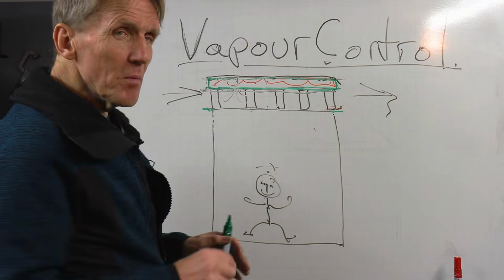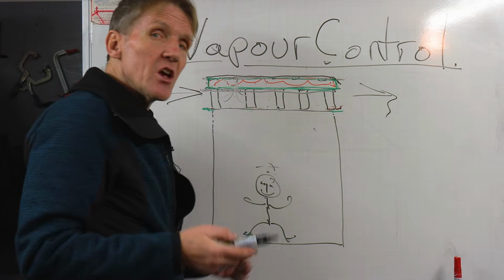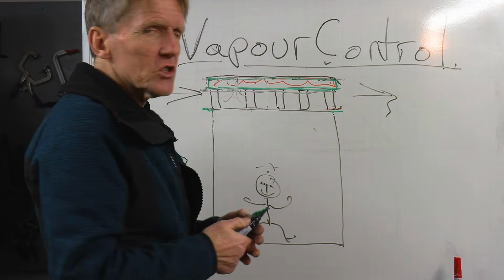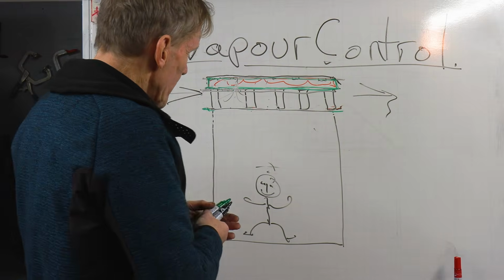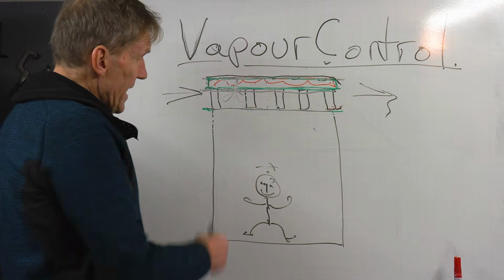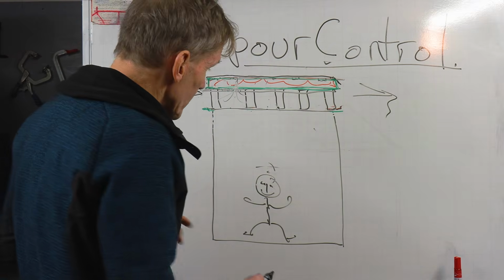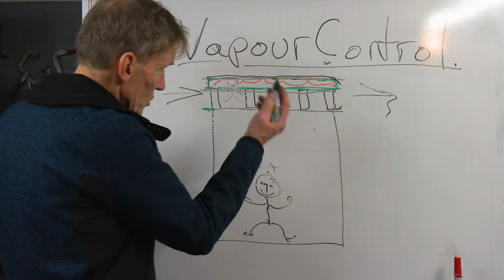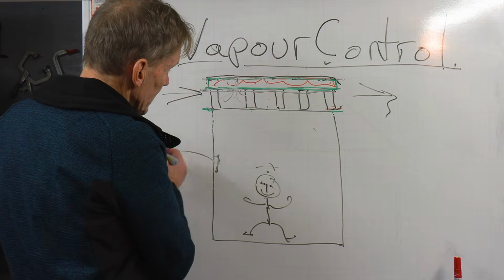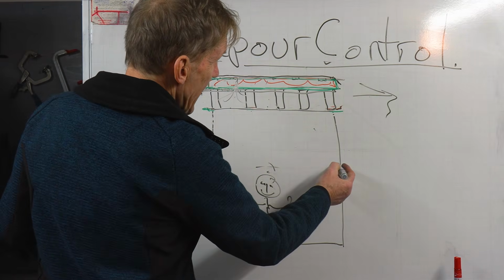So the problem with a vapor barrier is once any water gets through it, you're trapping it, if you like, both sides. So you have to make sure it's done really, really well. But of course, the other thing you can do is stop the moisture in the house. And the way to stop the moisture in the house is not to stop breathing, not to stop showering or doing any of those lovely things that you like to do, cooking and things like that, but to put in extractor fans so that you're getting rid of the moisture as it appears.